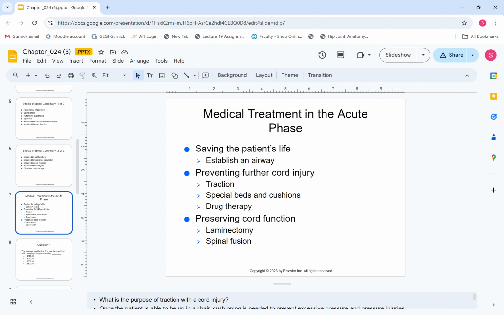All right, so it's very important after spinal cord injury to give them drugs that will reduce the inflammation, all right, and maybe prevent cellular damage, all right, prevent further damage to the spinal cord.